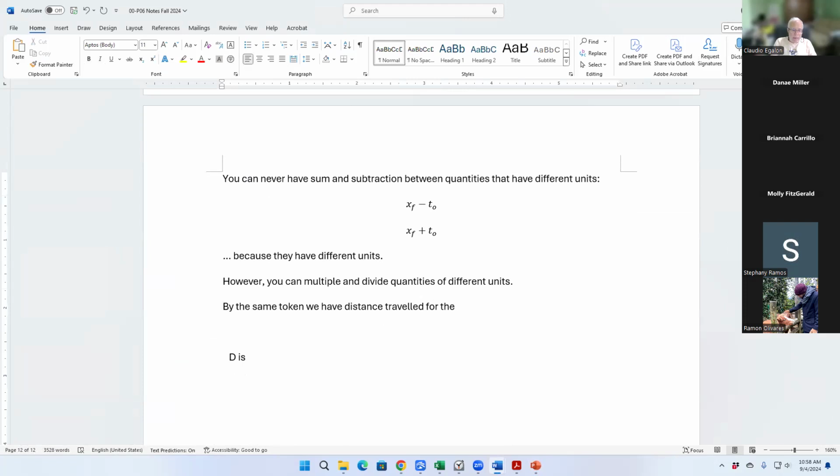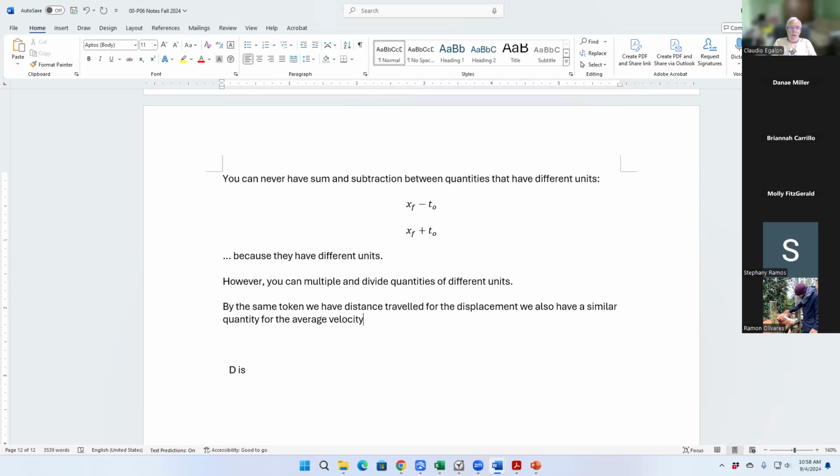For the displacement, right? They're related to each other. We also have a similar quantity for the average velocity. Remember, velocity, I'm calling that velocity.